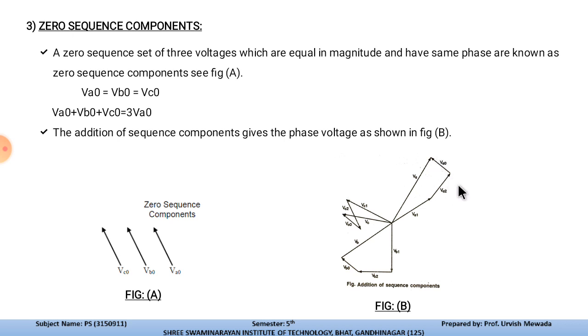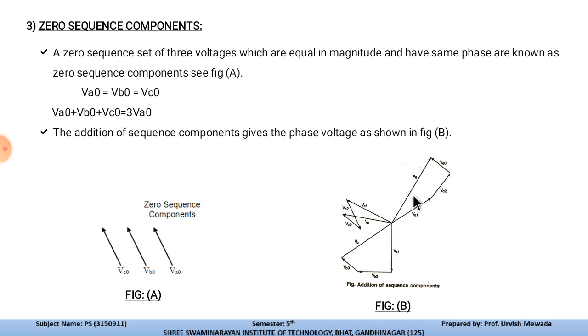So this describes the zero sequence component of this unbalanced system. And then after that we have VA1, VB1, and VC1. This is the VA1, this is the VC1, and this is the VB1. So this is called the negative sequence component.